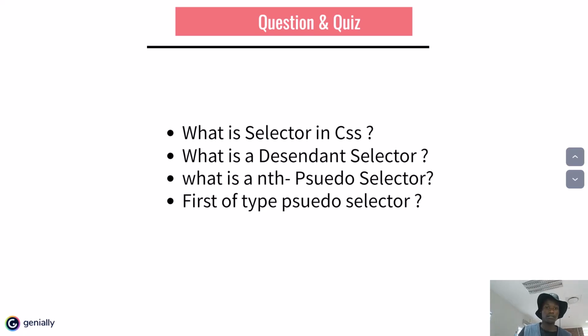So, we were speaking about the descendant selector. What is the pseudo selector? I think I already spoke about this. Who can tell us? Not Zainab. Can you try to tell us about the pseudo selector, Aisha?